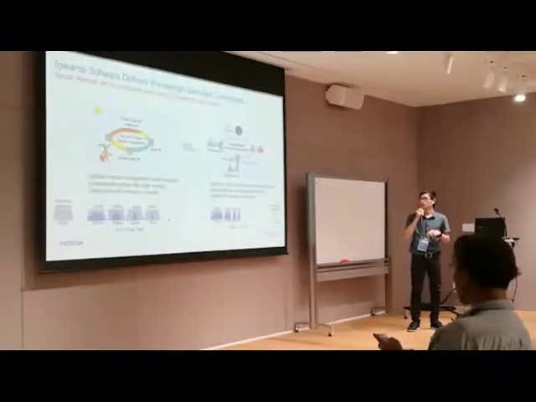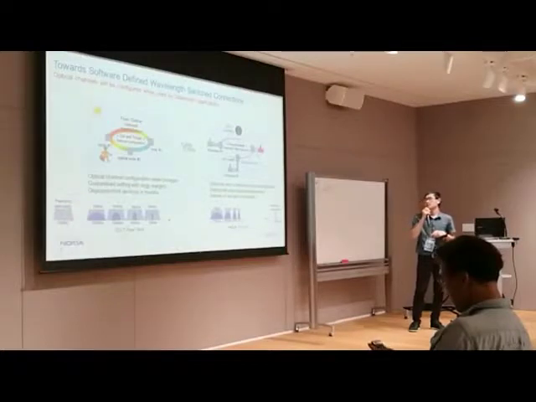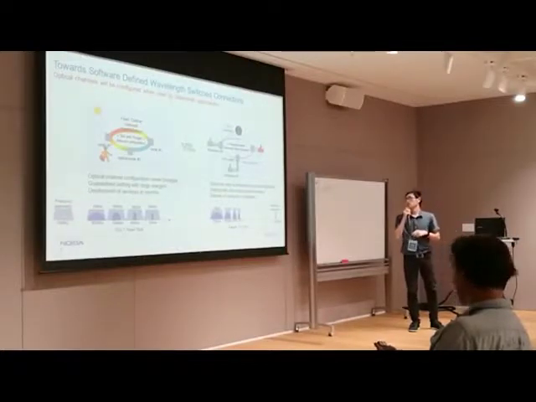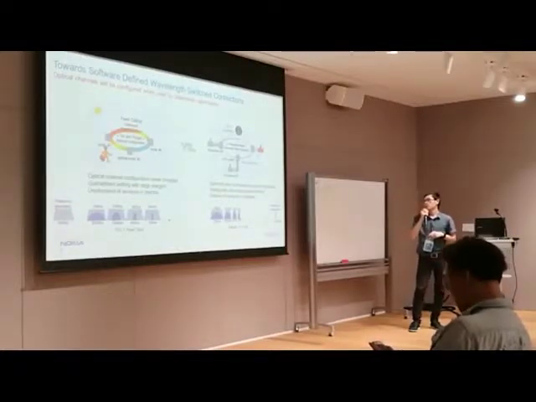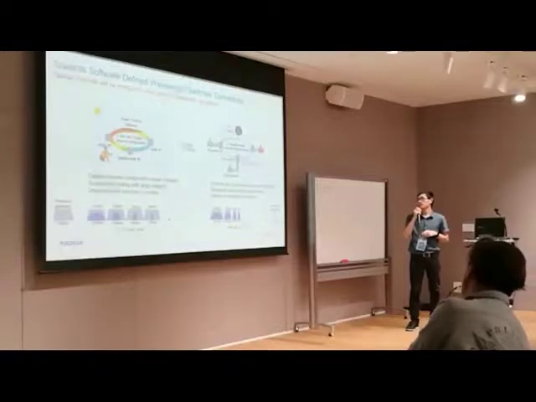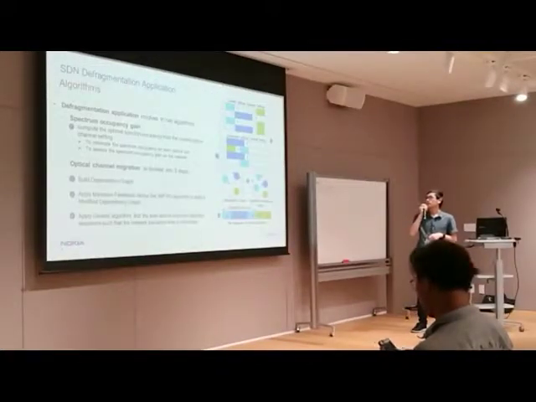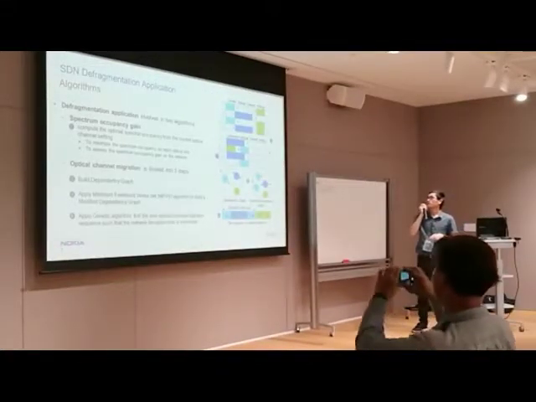So for example, in the future with the advance of the flexible grid, we can allocate just enough spectrum resource for the requirement of the network. For example, the application is divided into two main steps.